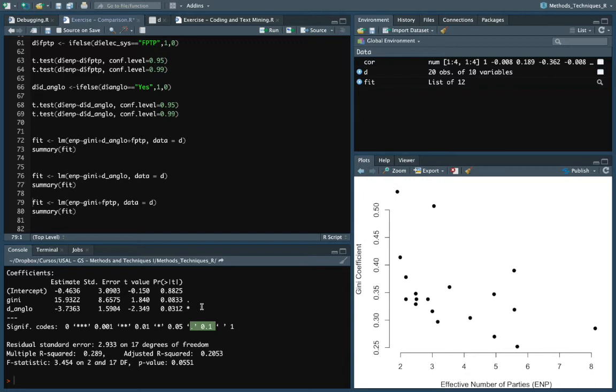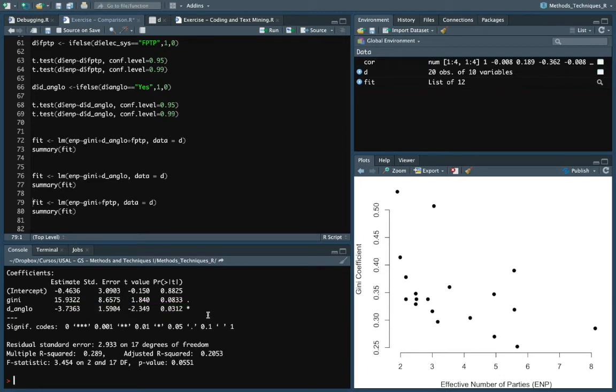In this case, the null hypothesis would be that Gini does not impact the effective number. So if it's below 95, I accept the null hypothesis that the Gini has no effect. But the Anglo-Saxon is above 95, so I accept that Anglo-Saxon countries have an effect on the effective number.